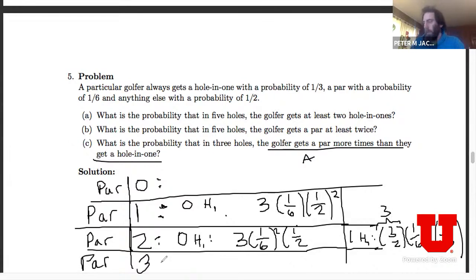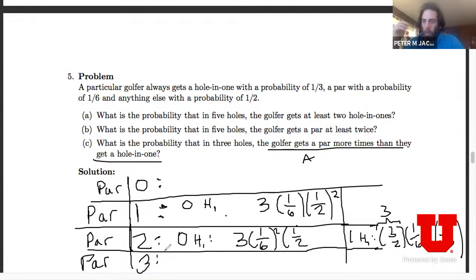And in that case, if that happened, they definitely got more pars than holes in one. And actually, when you're computing if they got 2 pars, you have to compute the probability that they got 2 pars, but any way you can compute that is fine.